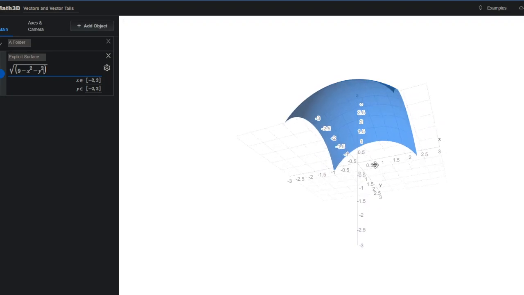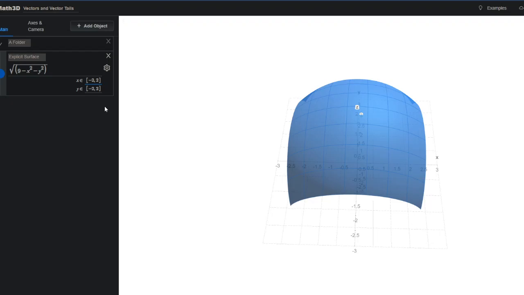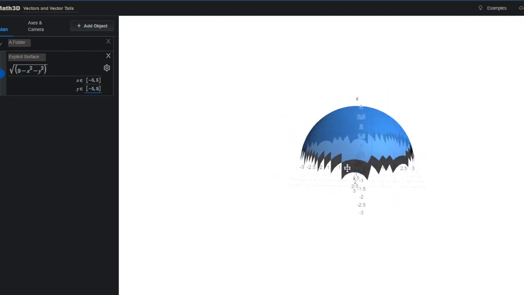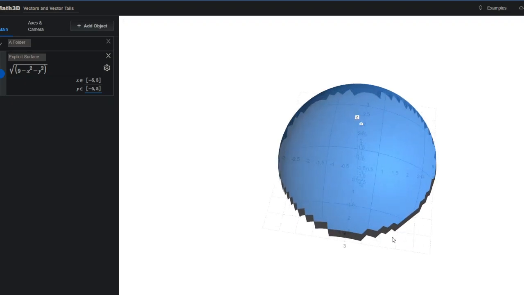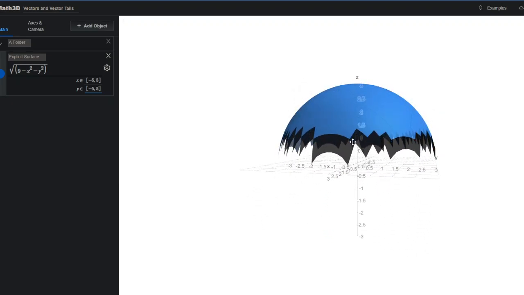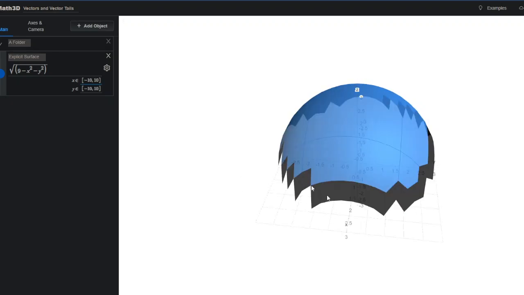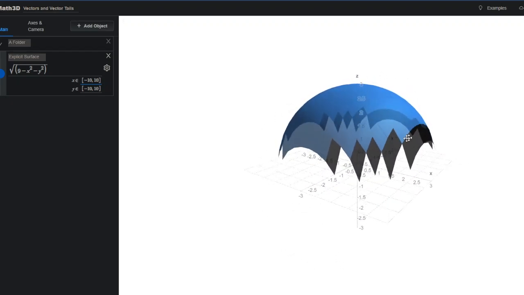Again, it's a little bit hard to tell because it's only graphing part of this. Actually, I have my range here set at 3. So if I just bring it out to 5, oh, that makes it better. So you can see that it's still not going out past 3 at all, right? And then I just increased my intervals here and it didn't change at all, as you can see.